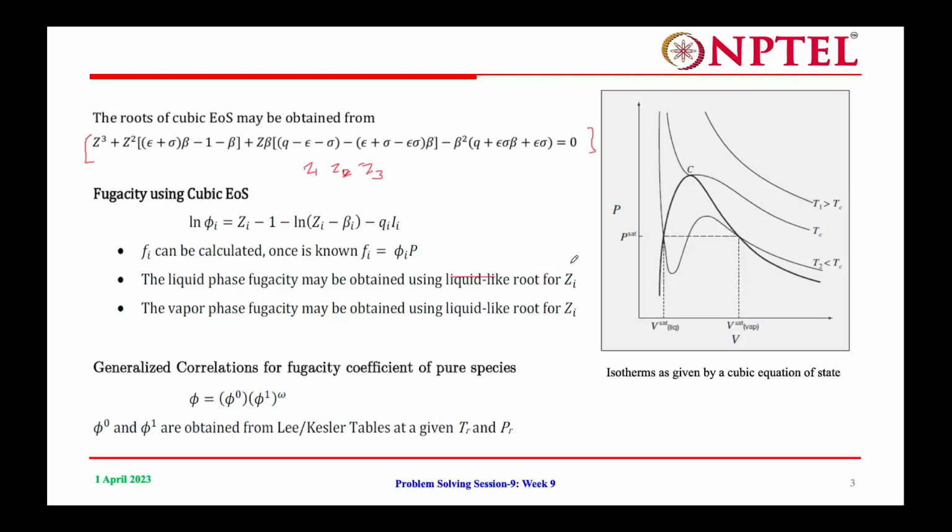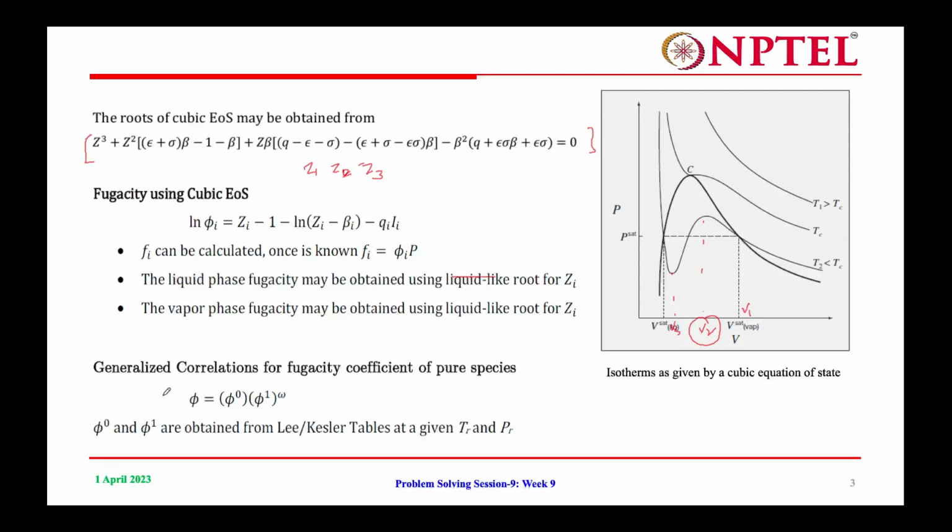The largest is the vapor and the smallest is the liquid, and the intermediate has no significance.